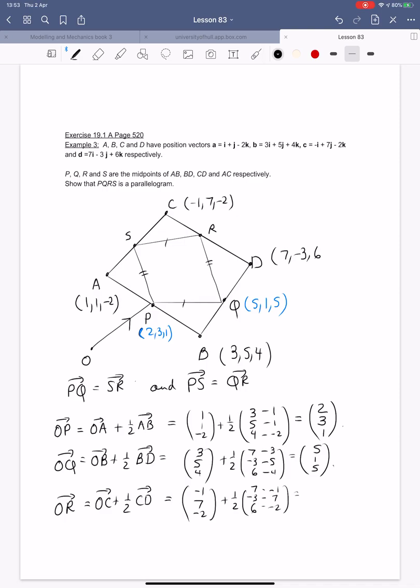Minus 1 plus a half of 8 is 3. 7 plus a half of minus 10 is 2. Minus 2 plus a half of 8, minus 2 plus 4 is 2. Let's go from the blue. So O to R, 3, 2, 2.